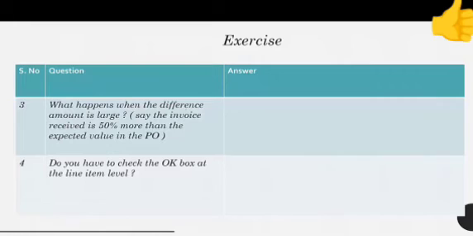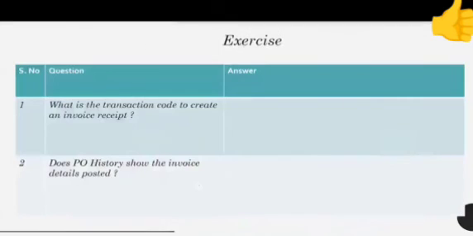Difference amount meaning the difference between what has been posted versus what is the original PO amount. The fourth question is, do you have to check the OK box at the line item level of the invoice? We have just discussed that. Alright, so let's see the answers to the exercise.